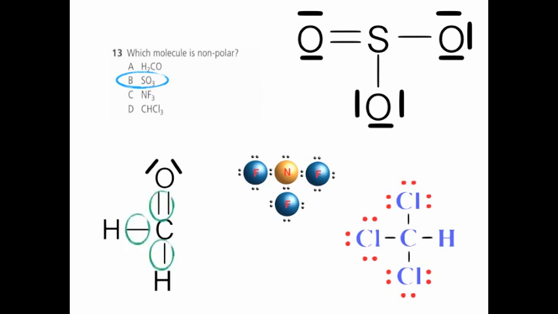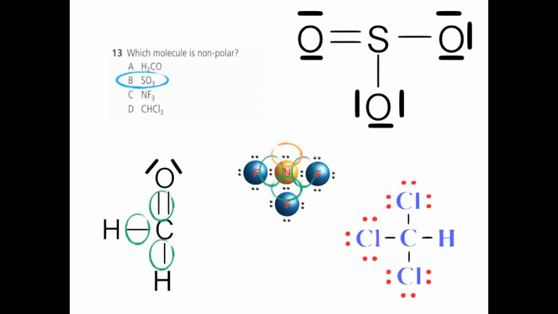First, H2CO. It would be trigonal planar in shape because of the three charge centers. However, the carbon-oxygen bond is a different polarity than the carbon-hydrogen bond. So yes, the molecule would balance its three bonds, however those bonds are not exactly the same polarity, so it is a polar molecule overall. You're trying to balance some unequal polar bonds.